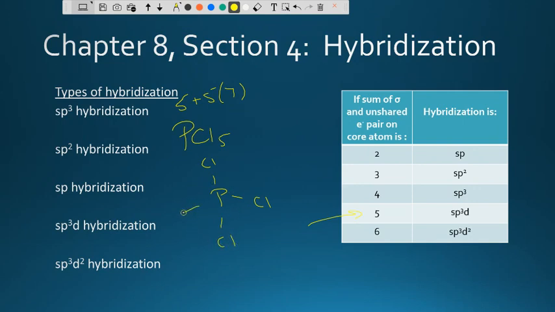So that's 1, 2, 3, and then we're going to have one coming right out at us, and that's going to be chlorine as well. And it certainly is going to be all these valence electrons going around in there, and so that's an sp3d hybridization. And then lastly, we have an sp3d2 hybridization.